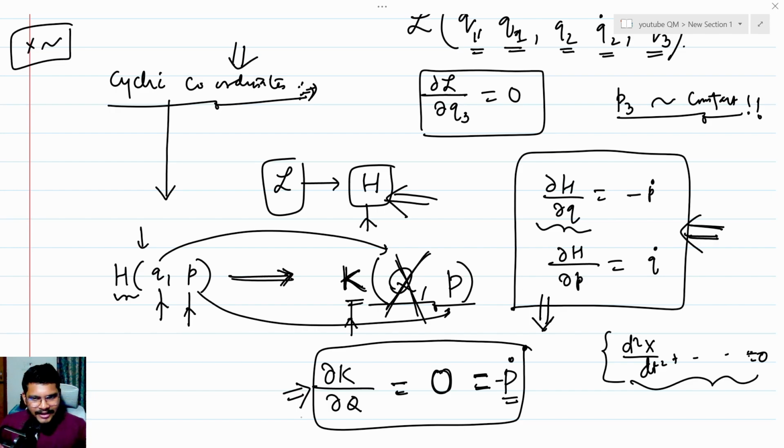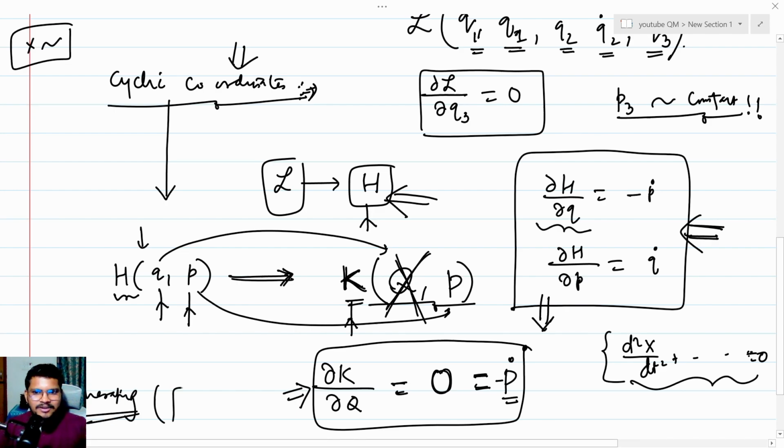Right? And once you follow this kind of algorithm, you are going to end up with something called a generating function. Let's say the generating function is called F, and F will depend on some original coordinate and momenta, called original, and the transformed ones.